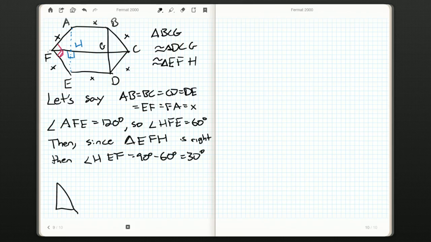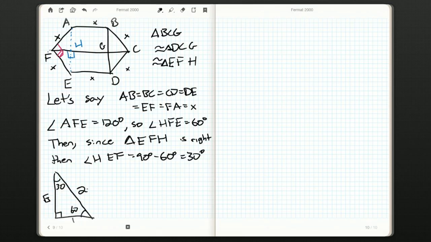Now this gives us a 30, 60, 90 triangle, which I'm actually going to write a little bigger so that people at home can see what I'm doing. 30, 60, 90 triangles have a very special property. The side lengths have a ratio 1, root 3, and 2, and this comes up every once in a while on contests, so it's really important that you understand 30, 60, 90 triangles.